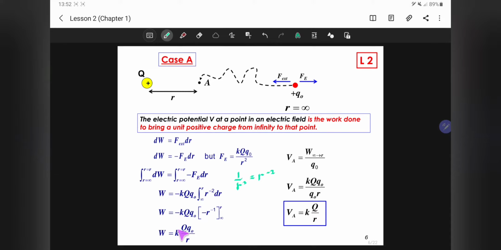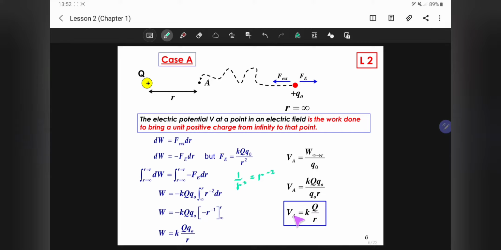Work equals kQq0 over r. From the definition before, potential equals work done per unit test charge. Work here equals kQq0 over r. We substitute work into this equation so that you will get this, where q0 and q0 cancel each other, giving you kQ over r.